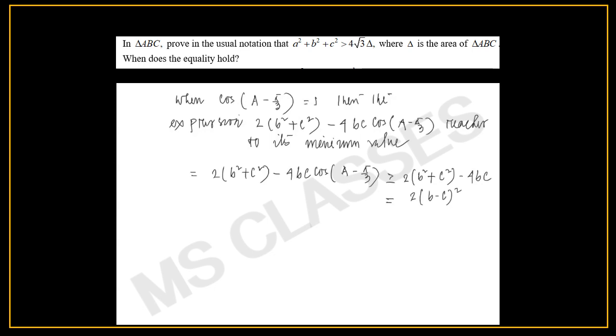Now we know that square of any real quantity should be greater than or equal to 0. So this should be greater than or equal to 0. Now we have started with the expression a square plus b square plus c square minus 4 root 3 times the area. So that is greater than or equal to 0. And therefore we can say a square plus b square plus c square is greater than or equal to 4 root 3 times the area. Hence proved.